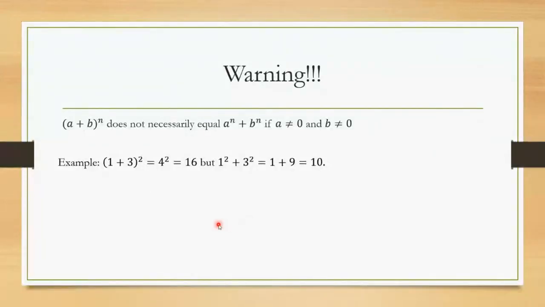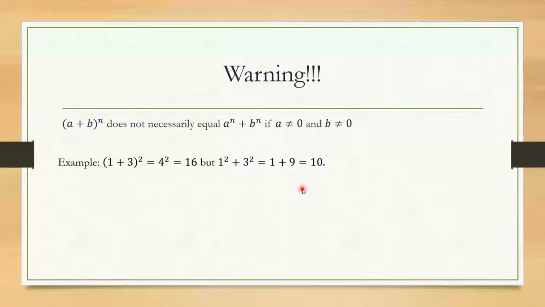I'm just writing this as a warning because I've seen students in the past, maybe I made it when I was younger, say something like 1 plus 3 squared is 1 squared plus 3 squared, but I'm showing you that that's not the case. Okay, good. So we have that example, that so-called warning.